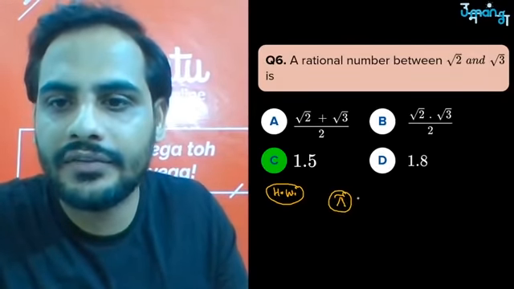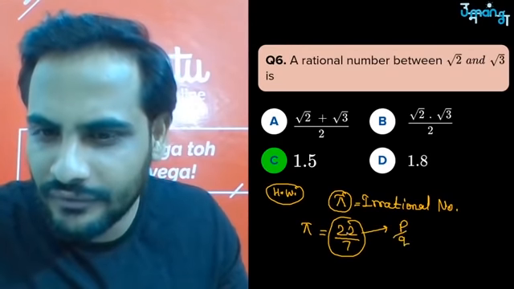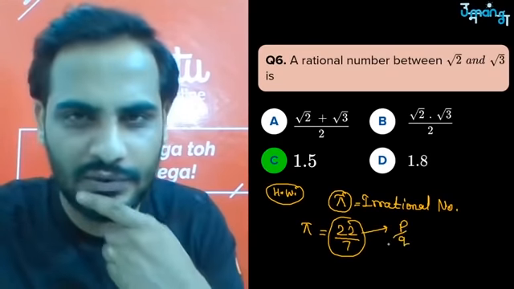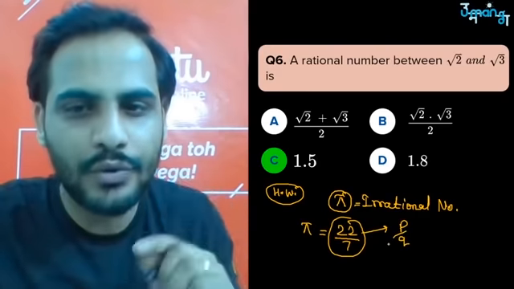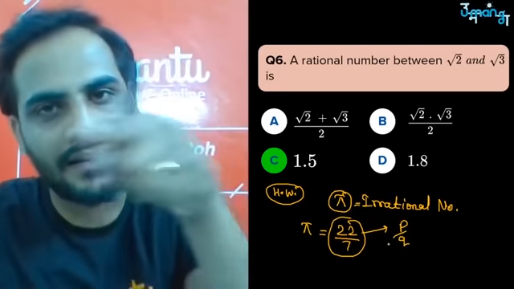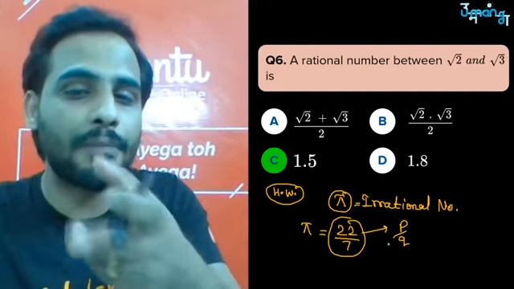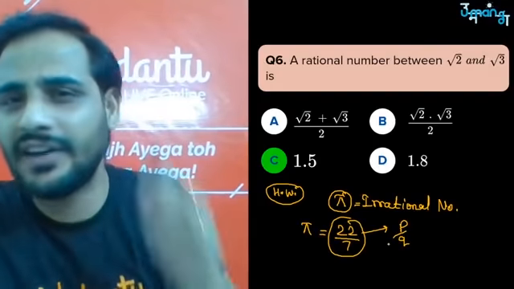But when I solve circumference or area problems for circles, I take pi as 22 by 7. And 22 by 7, if you see, is in the form of p by q, where p and q are integers, q is not equal to 0. So on one hand you are telling me pi is irrational, and I know pi is 22 by 7 which is a rational number.